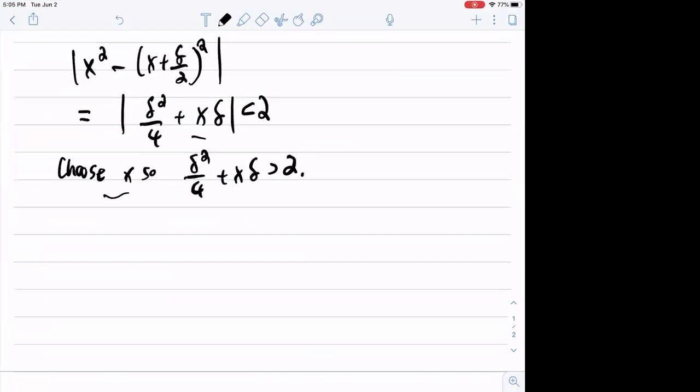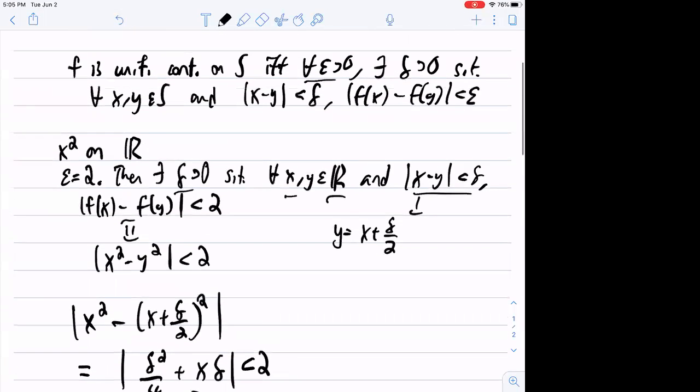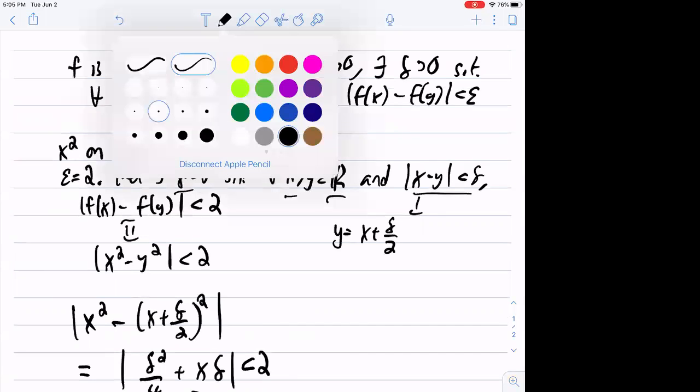Okay. So now what about x squared on, let's say, 1 to 10? It turns out this is uniformly continuous, because let's do scratch work. I need to somehow bound this, right? This is |x minus y| times |x plus y|. Now I have control of x minus y, by definition.